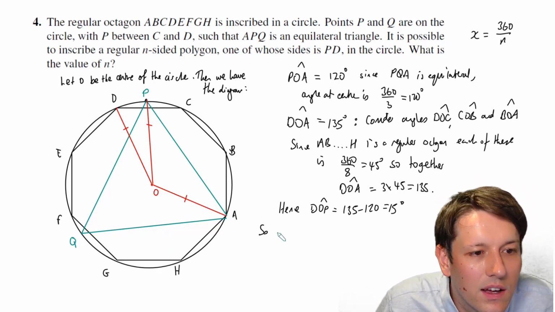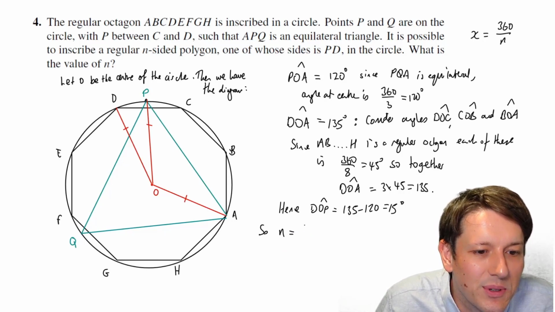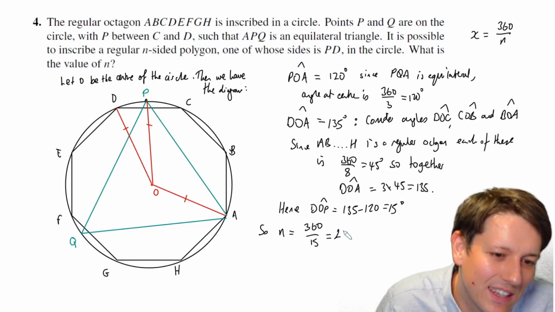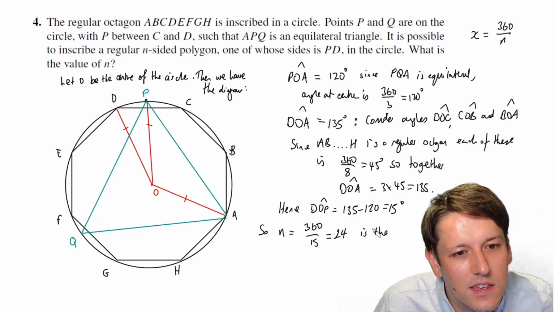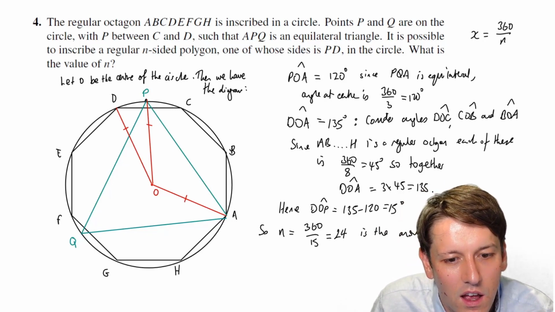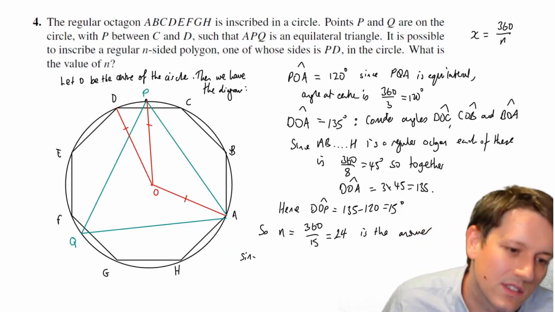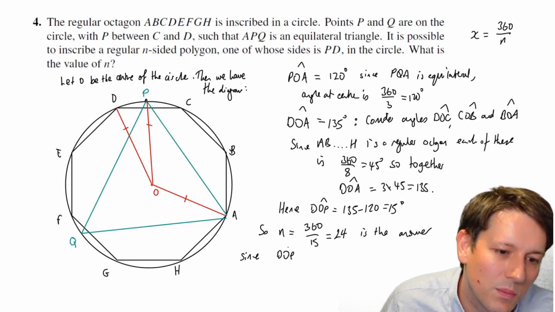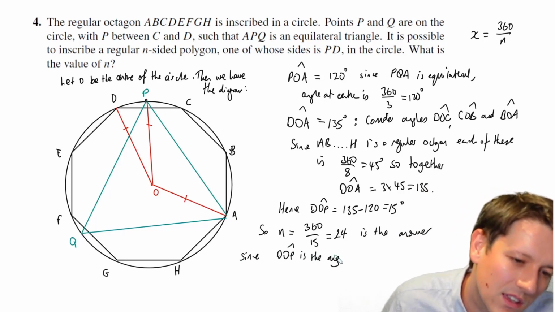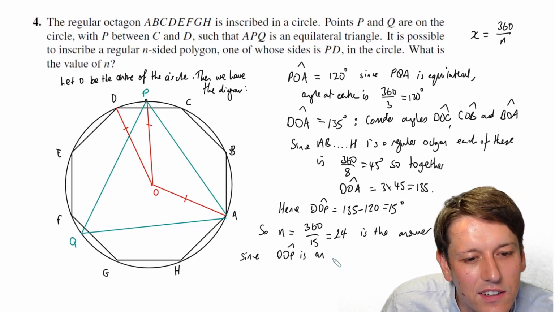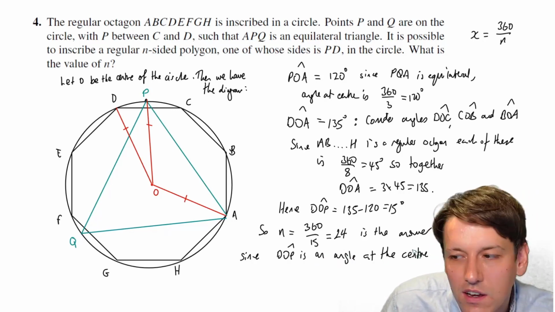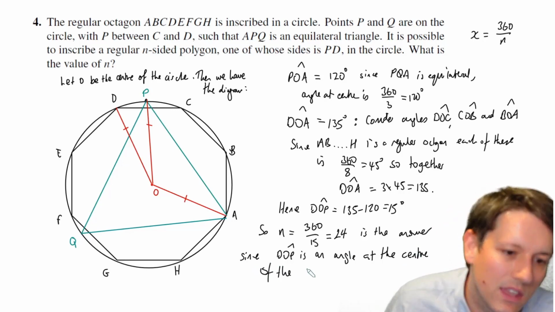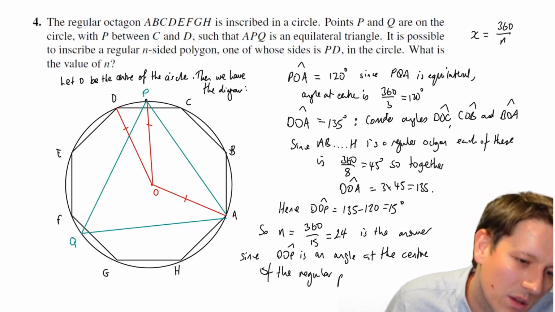So we can then say n equals 360 over 15, which is equal to 24, is the answer, since DOP is an angle, perhaps rather than the angle, at the center of the regular polygon, the one referred to in the question.